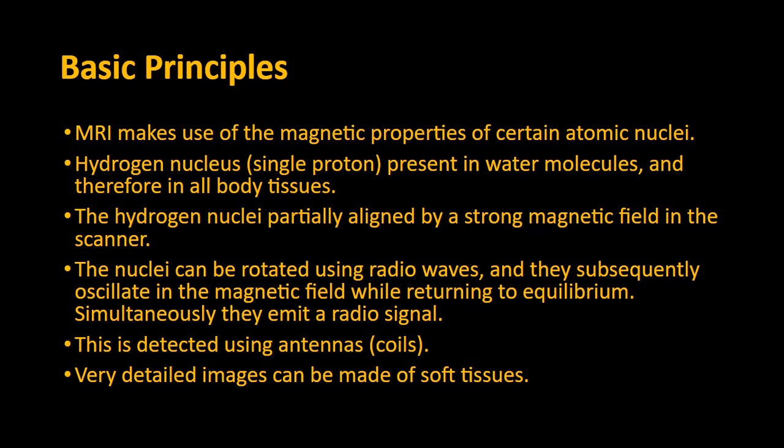A hydrogen nucleus has a proton, and a proton has its own particular magnetic dipole moment. It means it has one north pole and one south pole. So when you put this proton in an external magnetic field, just like a spinning top, it starts precessing. The frequency with which it precesses is called the Larmor frequency.